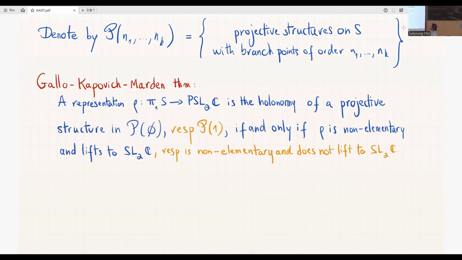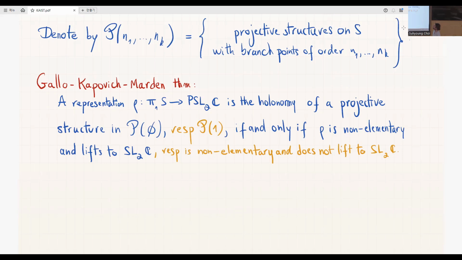Okay, and the theorem of Gallo, Kapovich, and Marden is a theorem that answered the question that was open for basically one century, because I mean, Poincaré actually asks this question explicitly. So to characterize these holonomies, the theorem goes as follows.